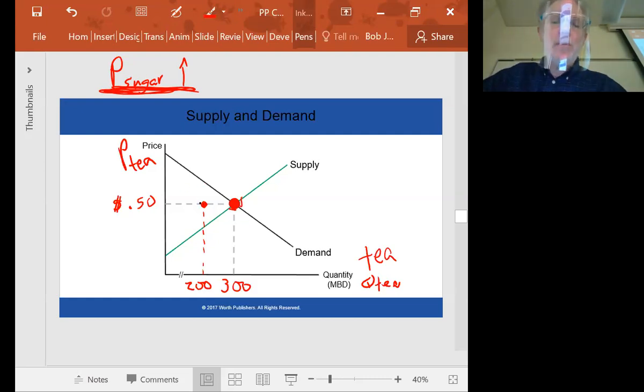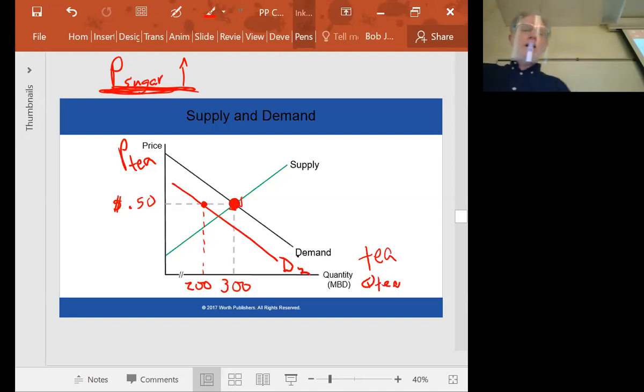And this point is a point on an entirely new demand curve for tea. So because the price of one good went up, the demand for this complement has gone down. Okay? And that means the whole demand curve is going to shift to the left. If the price remains at 50 cents, what do we now have?